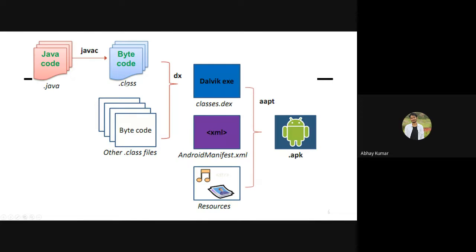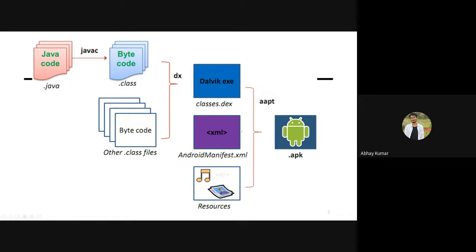called a .class file. After that, a collection of bytecode files is called a dex file. A collection of too many bytecode files is called Dalvik, and this is called a class file. There is also one Android manifest file.